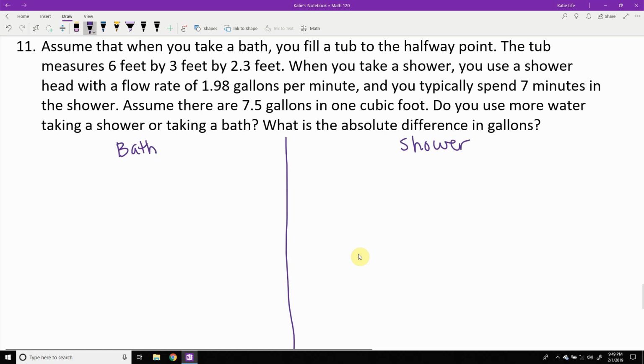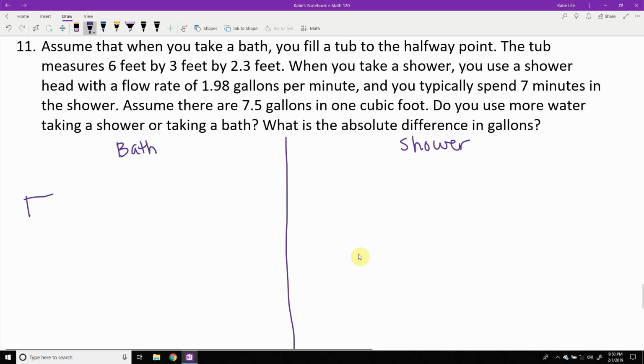So let's start with the bathtub. When you take a bath, you fill a tub to the halfway point. And then it gives you the dimensions of the tub. So we're going to assume that that's a rectangular prism and measure the volume of that tub by length times width times height.